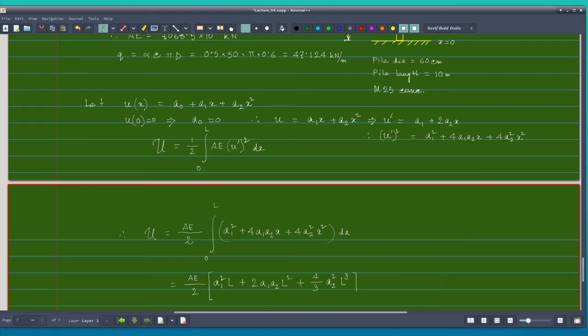So this is my strain energy due to the axial deformation for the bar. Okay.